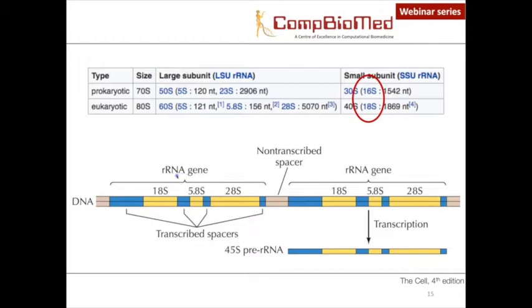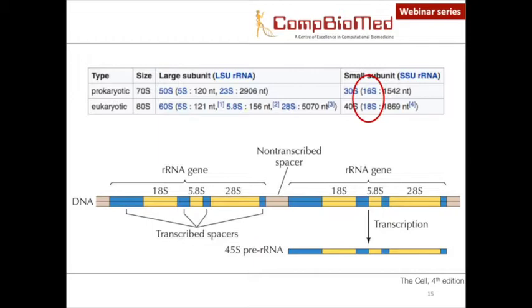Ribosomal RNAs are not translated into protein, but they're very important for protein translation because they are part of the ribosome, which is the protein-making machinery. And the ribosome reads the messenger RNA and makes protein. And we can see that you can have prokaryotic ribosomes and you can have eukaryotic ribosomes.